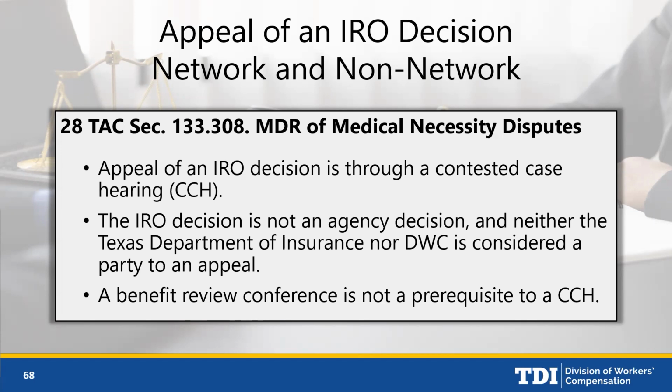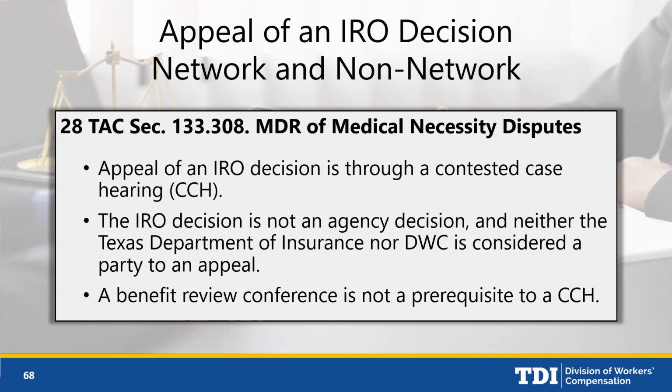Also, we would like you to know from 308, it says that the IRO decision is not an agency decision. So we're not considered a party to the appeal process, but this is the process you take to go to an IRO and to appeal that IRO decision.